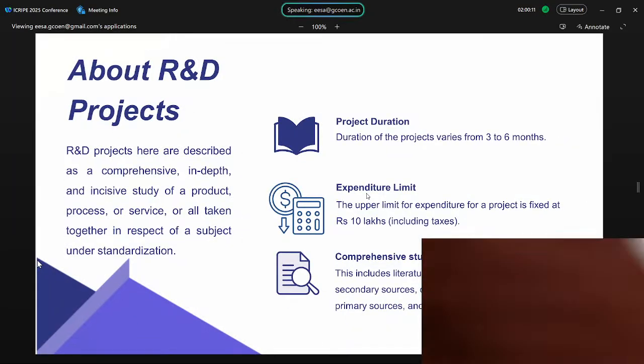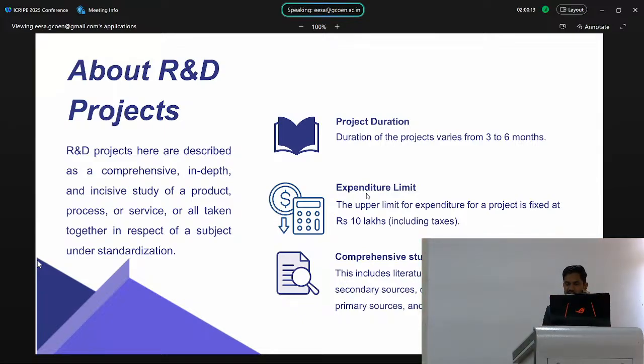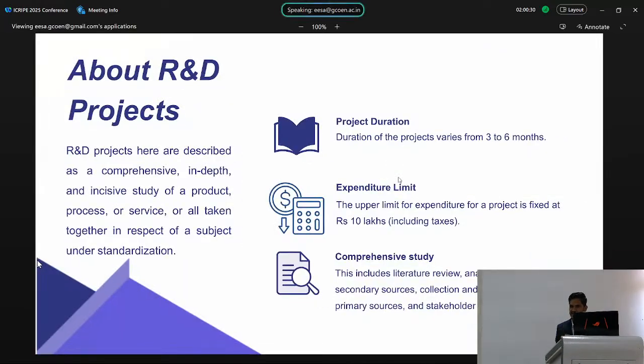They can take up projects where the topic should be regarding standardization. One topic can be formulation of a new standard, and another can be the improvement or review of an existing standard.